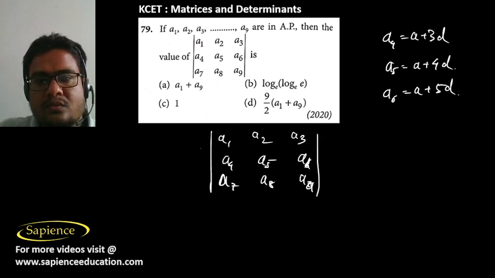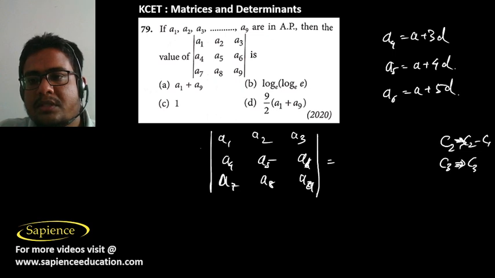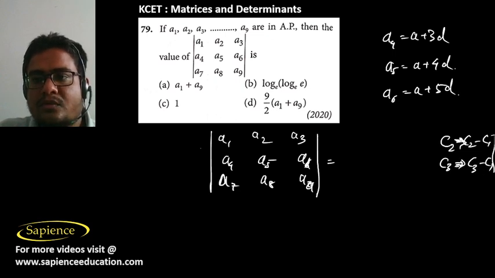Then we can apply the column operations, which are C2 goes to C2 minus C1, and C3 goes to C3 minus C1. If we apply these column operations, then we will have the determinant of.